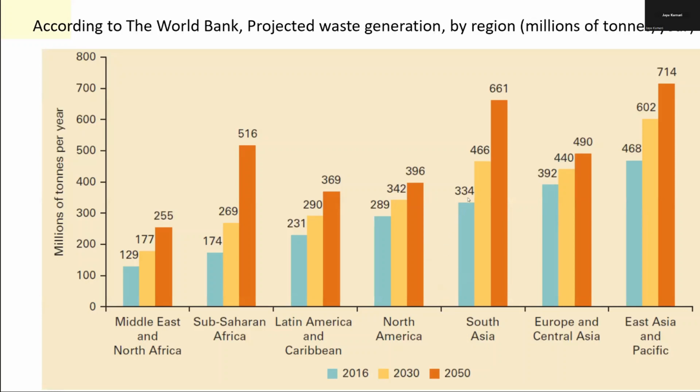334 is my waste, and in 2050, East Asia and Pacific is the highest waste, 714 millions of tons, and South Asia will have 661 millions of tons of waste. It is huge.